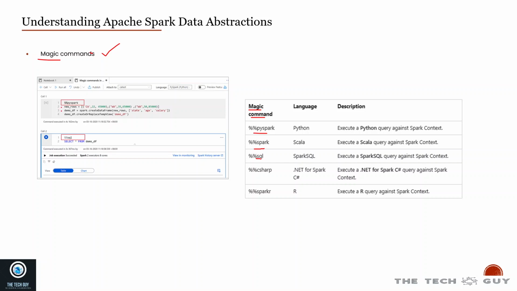When you write your notebook, on top you type your magic command, which tells it which type of query to expect. PySpark tells Python, this tells Scala, this is for SQL, C#, and SparkR. In our lab, we would be using PySpark and SQL.